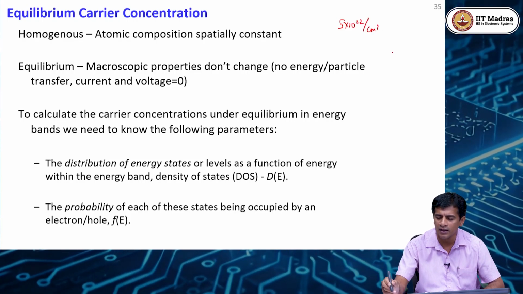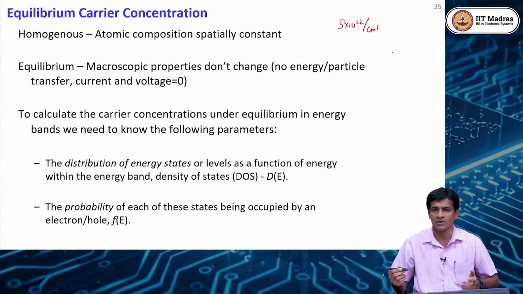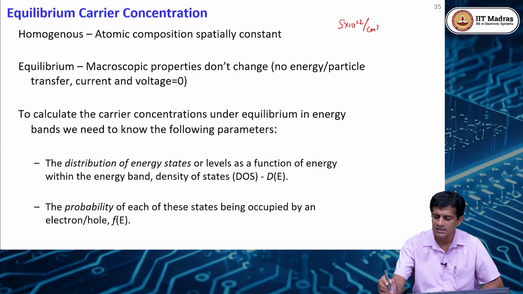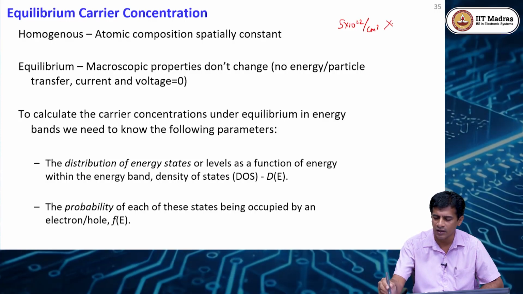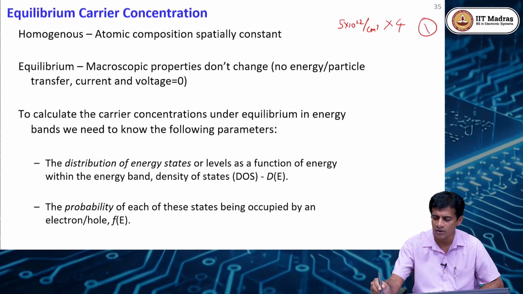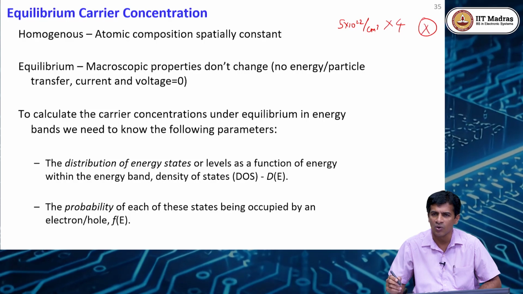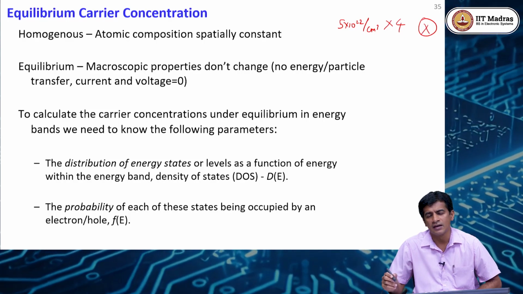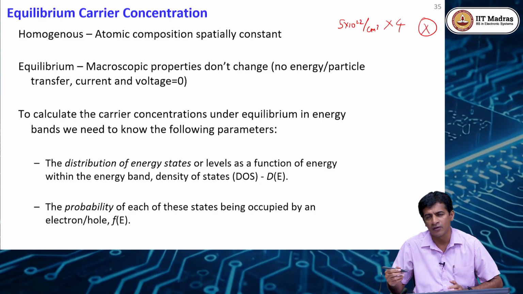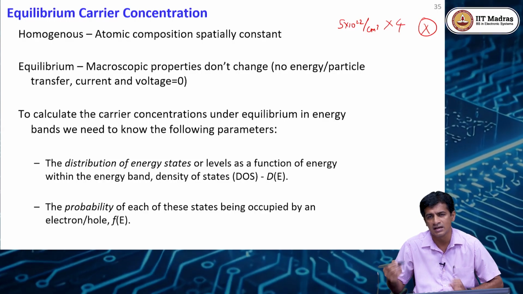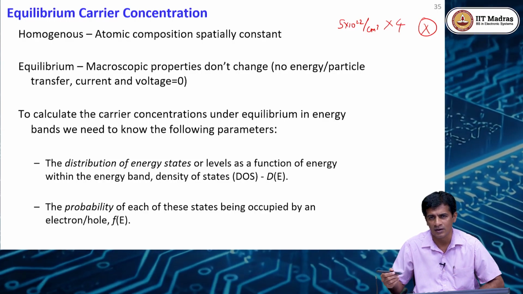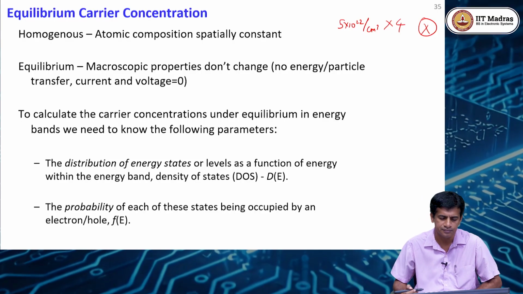If you say there are 4 valence electrons in silicon, and multiply 4 by 5 times 10 to the power of 22, that will give you a wrong result. In fact, the number of free electrons in a silicon crystal is far lower than this number.